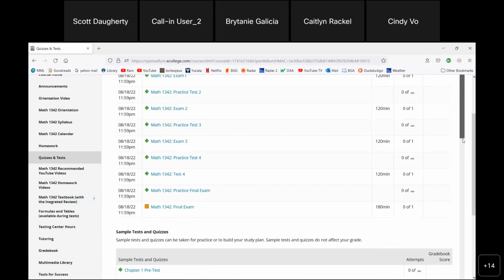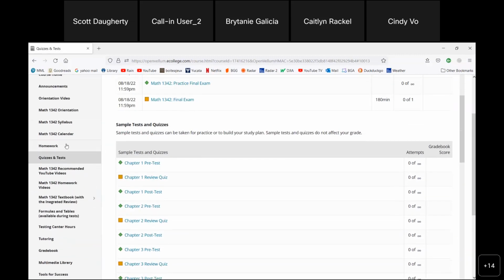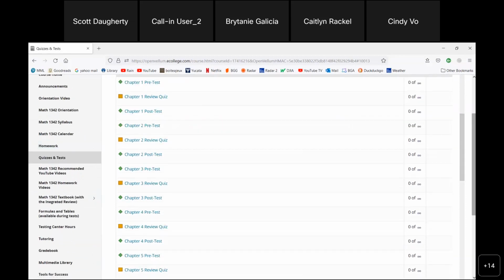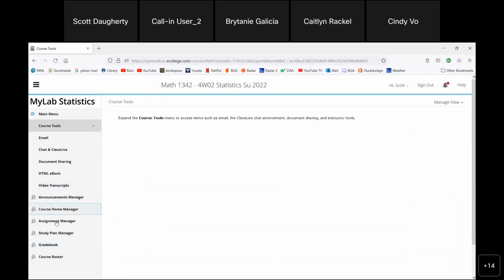By the way, to pull up the homework in My Math Lab, for you, it's under this homework button. But for me, I have to pull it up under this course tools button. You won't have the course tools button on your side. You'll just have that homework button.